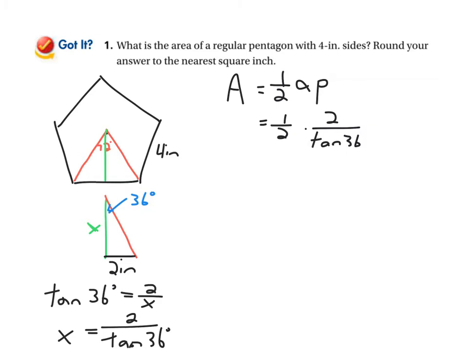Well, the perimeter is 5 sides of 4 each, or 20. Simplifying this out, we can multiply everything across the top. 1 times 2 is 2, 2 times 20, because that's like 20 over 1, is 40 on top, over 2 times tangent of 36.